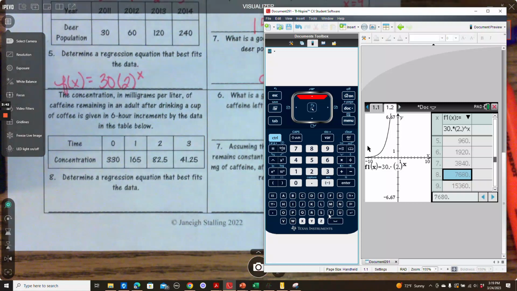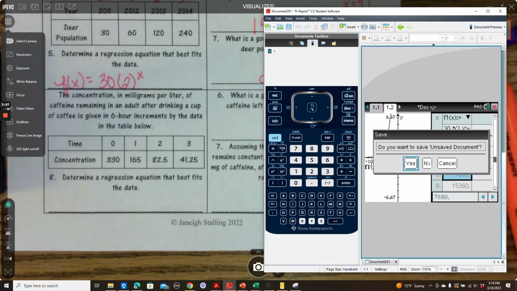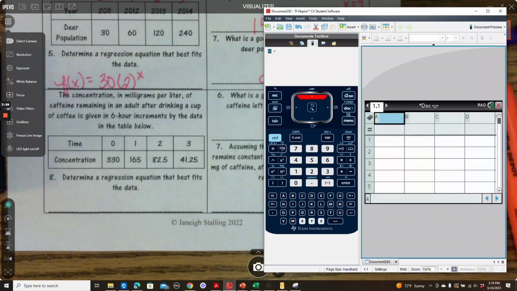Okay, so the next one is even worse. The concentration in milligrams per liter of caffeine remaining in an adult after drinking a cup of coffee is given in 6-hour increments by the data in the table below. Determine a regression equation. So the X values look good, so I'm going to just start fresh here and do the regression on it.